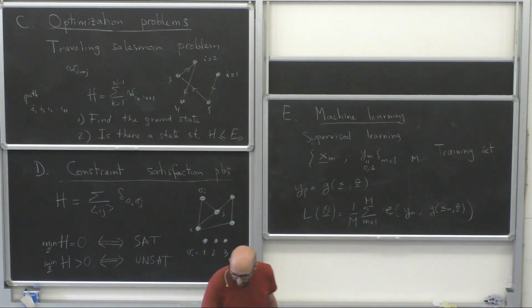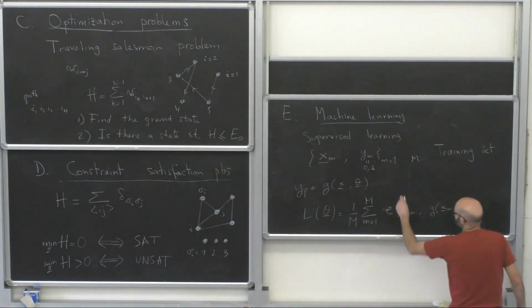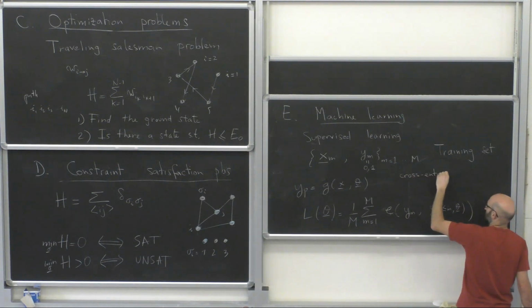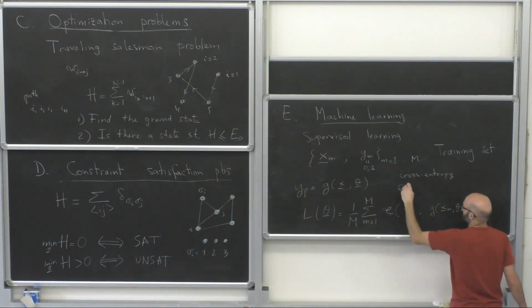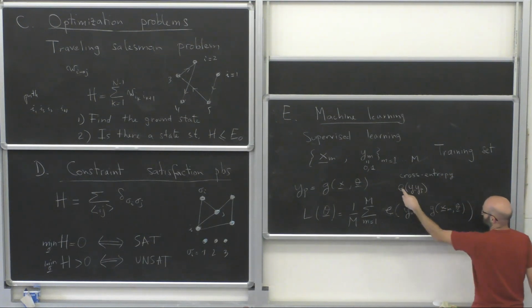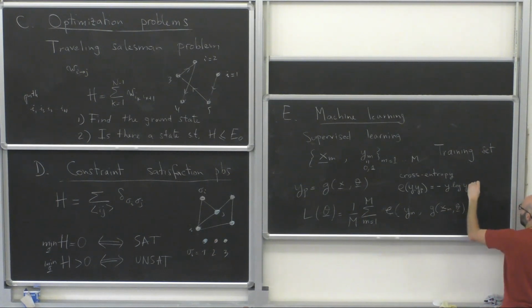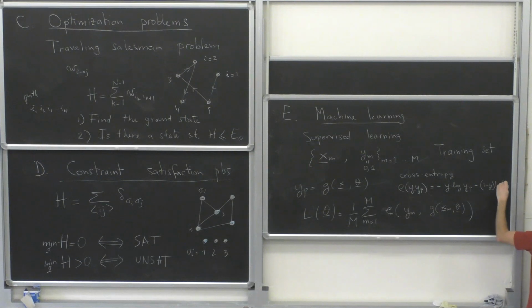Just to be concrete, this function can be what is called the cross entropy, where E, the error between the true label and the predicted label, is something like minus y log y predicted minus 1 minus y log, sorry, 1 minus y predicted.